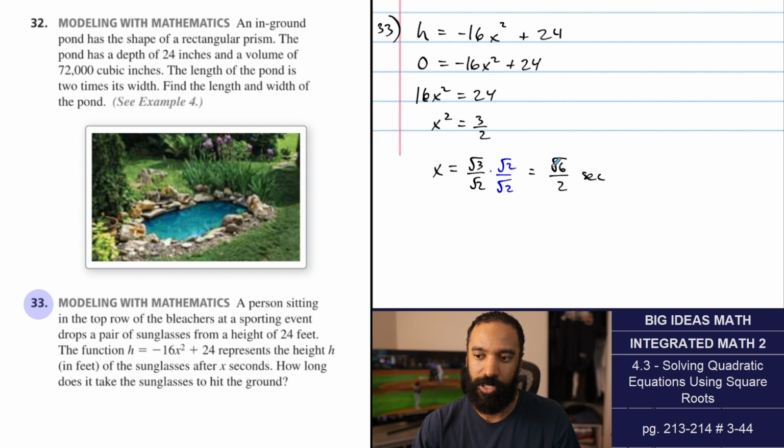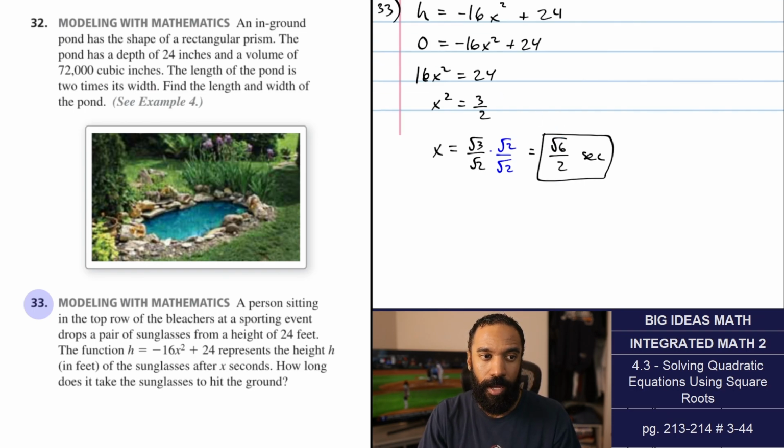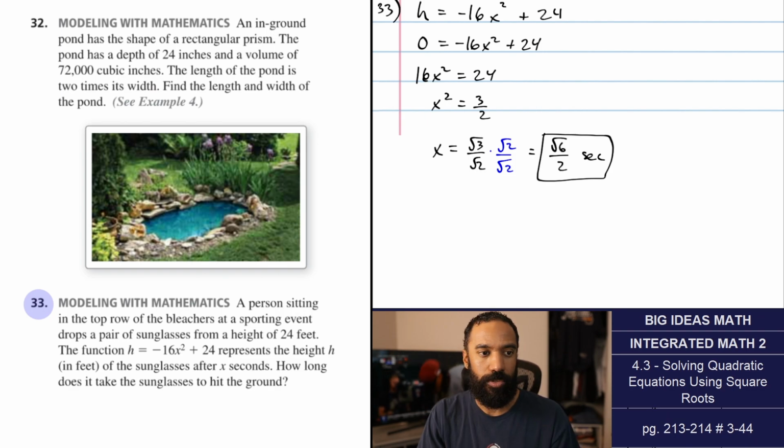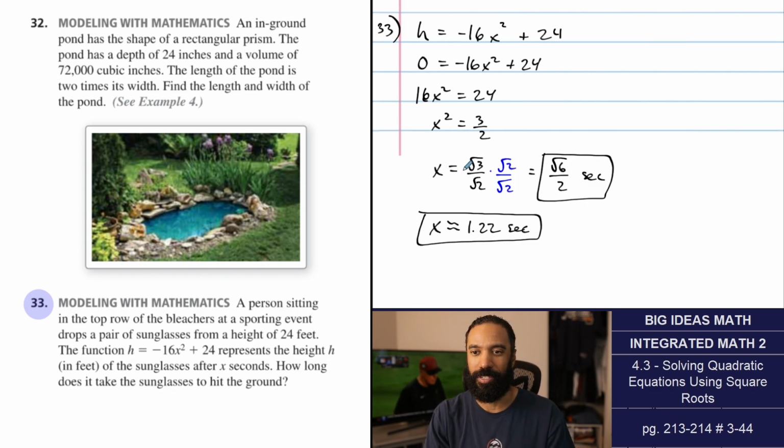This is in seconds. And of course, this is not how we evaluate things, so I am going to be approximating this. So we're getting about 1.22 seconds. That almost seems like a long time, but I believe it. I trust it. All right, that is number 33.